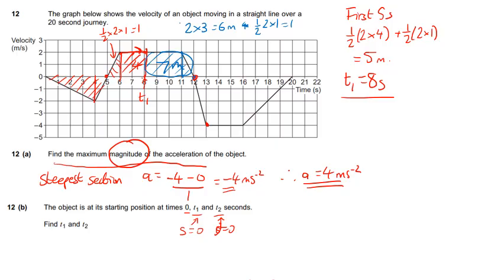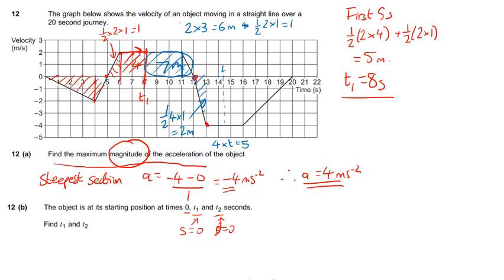How long has to pass before I've traveled 7 meters again? Well, let's work out this triangle first. That's a half of 4 times 1, so that's 2 meters traveled. Then how much further along here do I have to go? I want to find 4 times some time t equal to 5 meters.